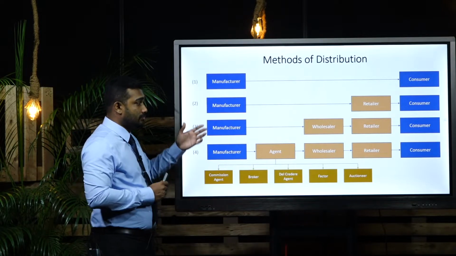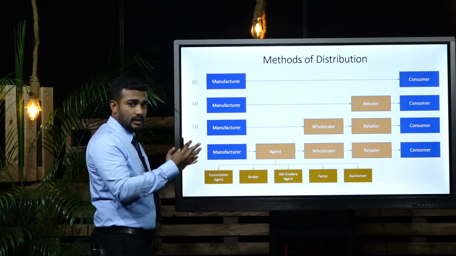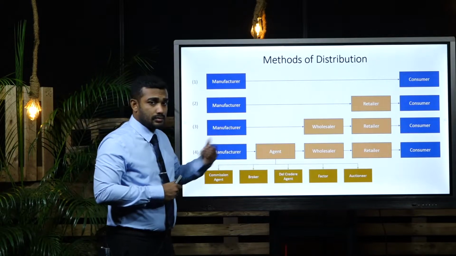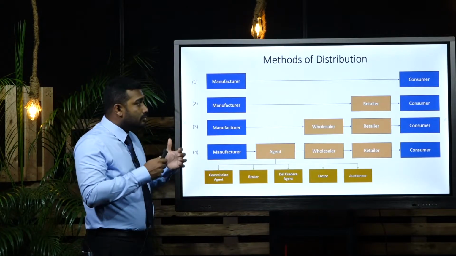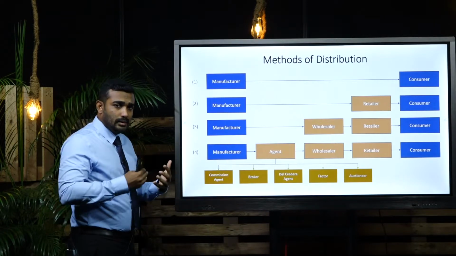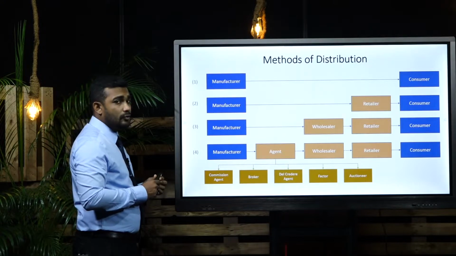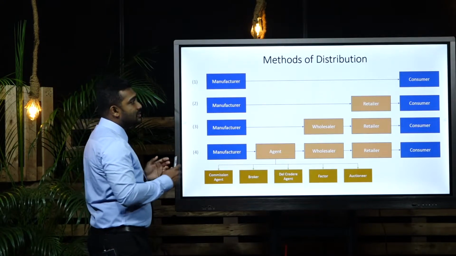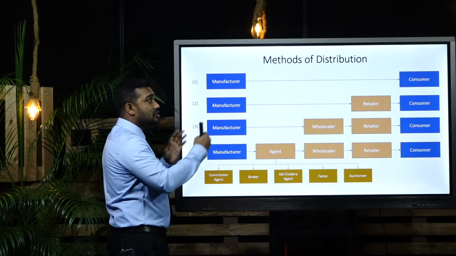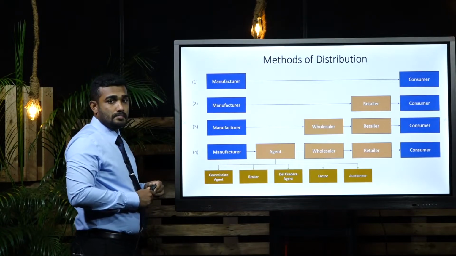Now you can see, in trade there are two types in terms of the offering. There can be products, there can be services. But when it comes to the products, the physical, tangible goods, we have to know what is the way of distribution, what are the channels of distribution.